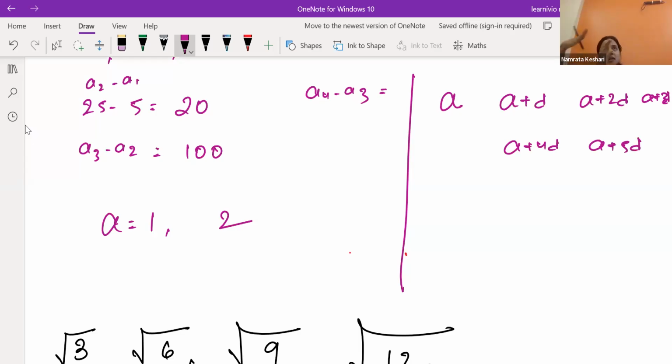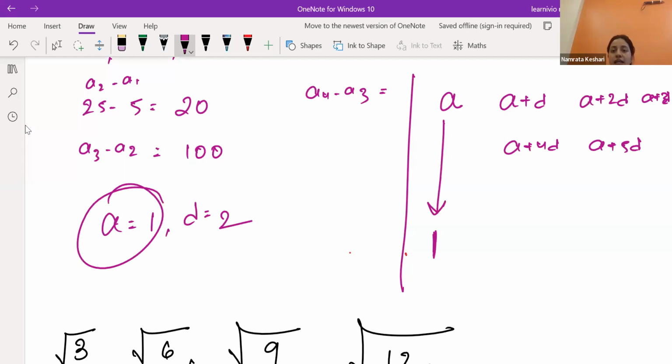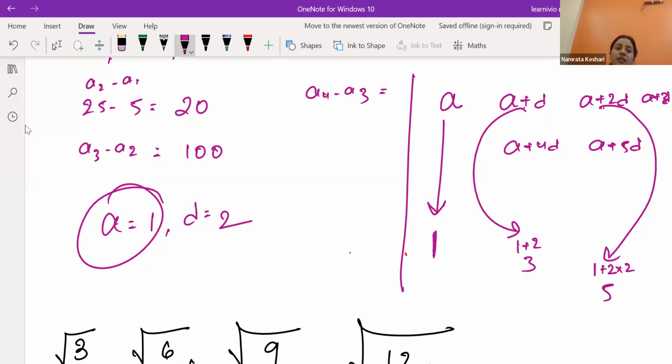One extra d keeps adding with the next terms. If you know just a and d, you will be able to create the AP by yourself. The first term is 1, next is a plus d, that means 1 plus 2, that means 3, next is a plus 2d, that means 1 plus 2 times 2, that means 5. Getting it?